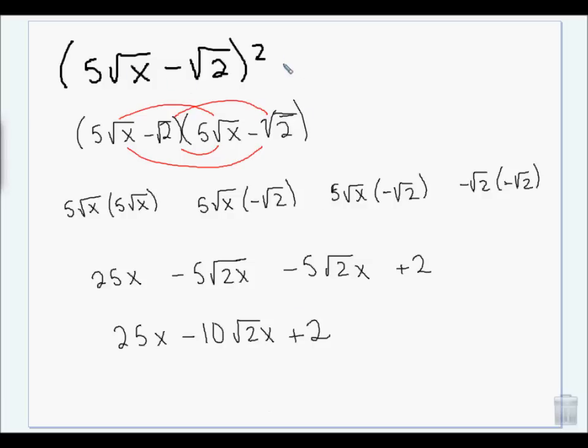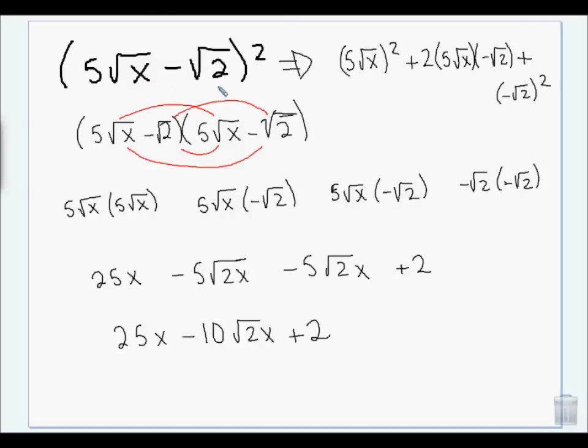So what you have here, if you'd like a shortcut for these, I can give you one. You square the first term, multiply the two terms together and times 2, and then you square the last term.